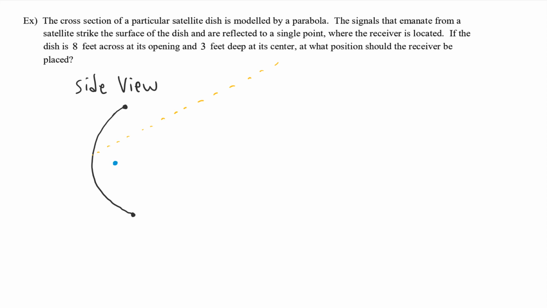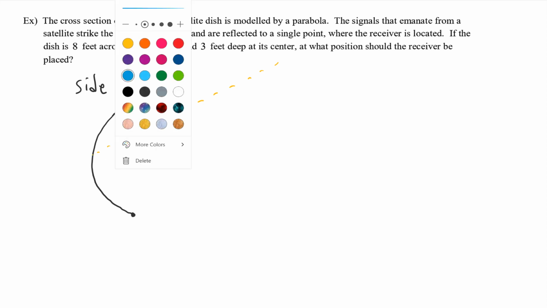If you have a satellite dish on your house, go look. There'll be a little arm with a receiver at the end of it collecting all the signals. The reason they use a parabola is that the geometric definition of the parabola says that every single signal that comes in will always be bounced to the focus.